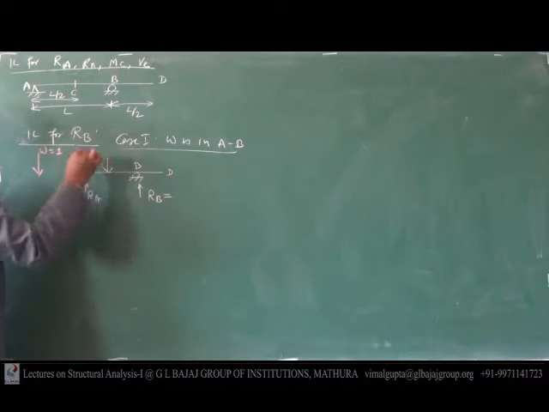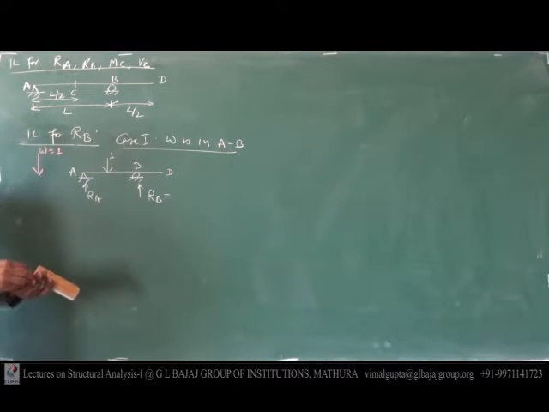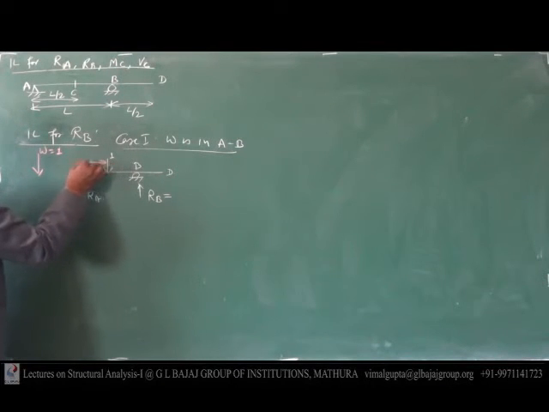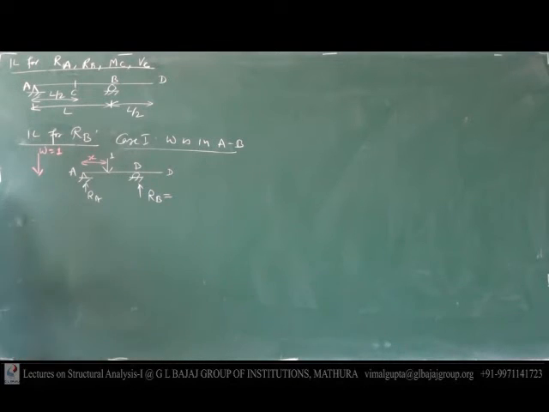So put the point load over here at a distance of x from A, and calculate the value of RB. Calculation of RB is very simple. Equate bending moment at point A equals to 0.